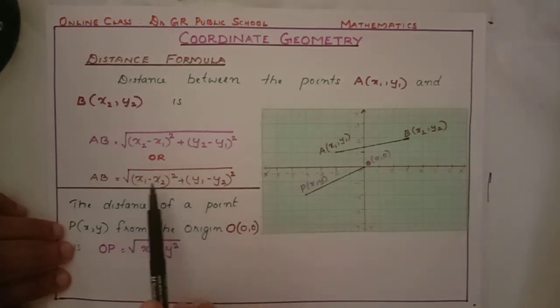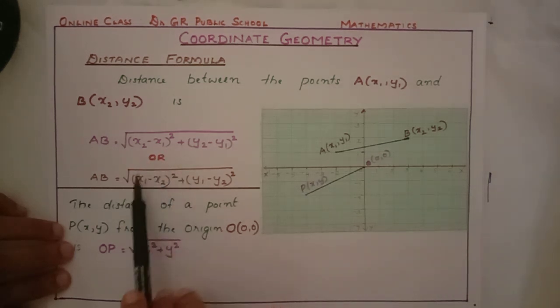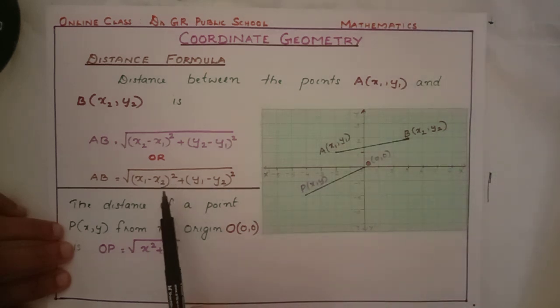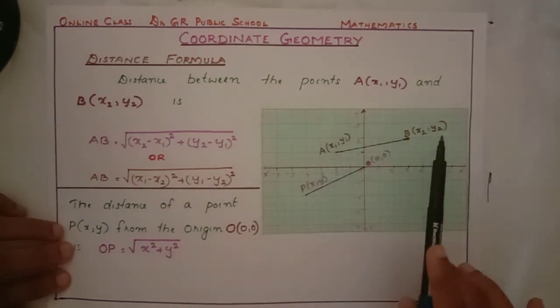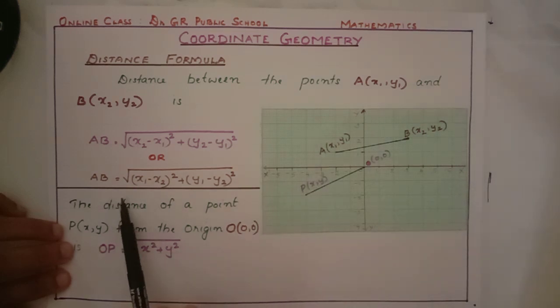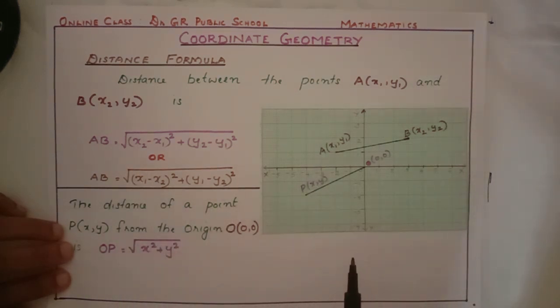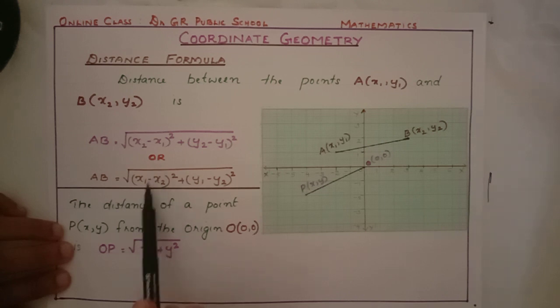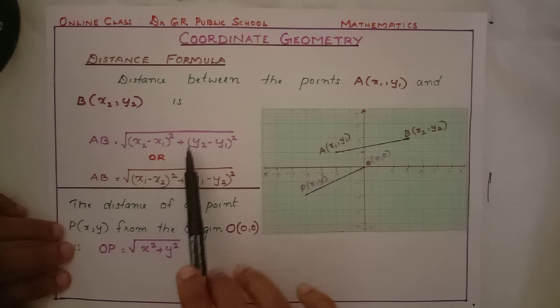It can be written in another order also: the square root of (x1 minus x2) the whole square plus (y1 minus y2) the whole square. Because when we take the square of the numbers, both will be the same, so you can apply either.